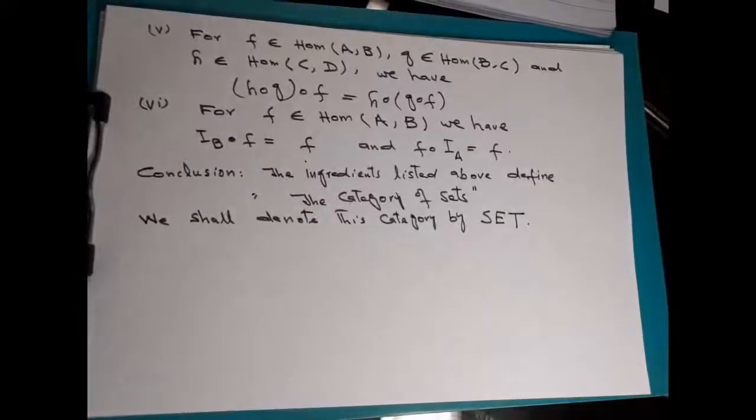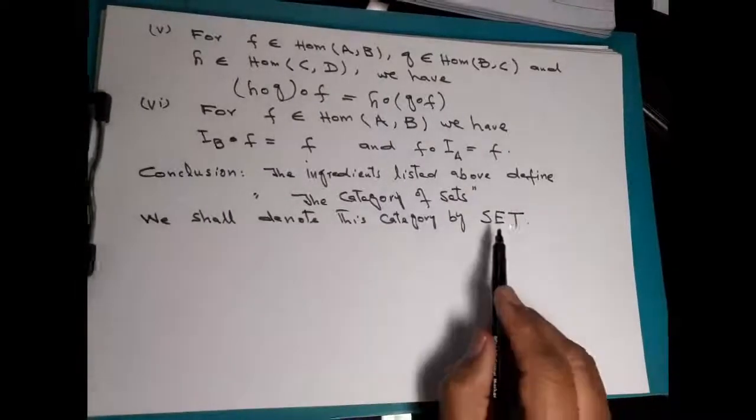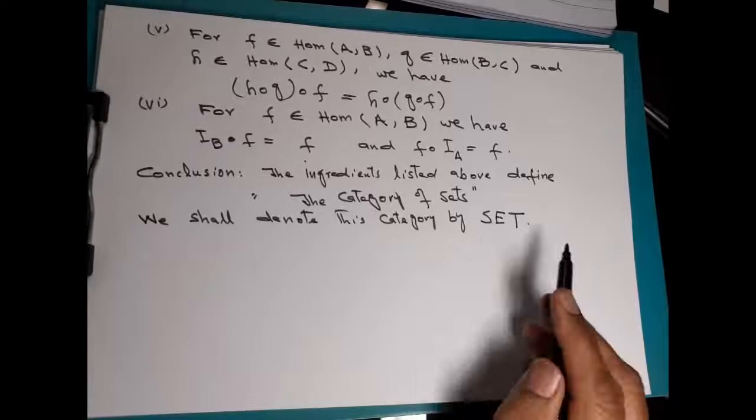Some books use bold letters, but when we are writing with the marker or with the pen, it is comparatively better to write all letters in capital in order to see that we are talking about a category.